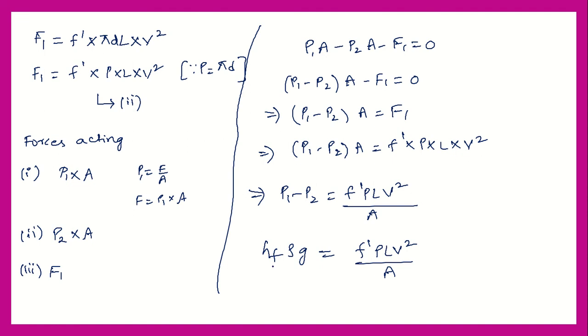Just keep HF this side and send rho into g that side. So it becomes HF is equal to F dash P L V square by A into rho g.